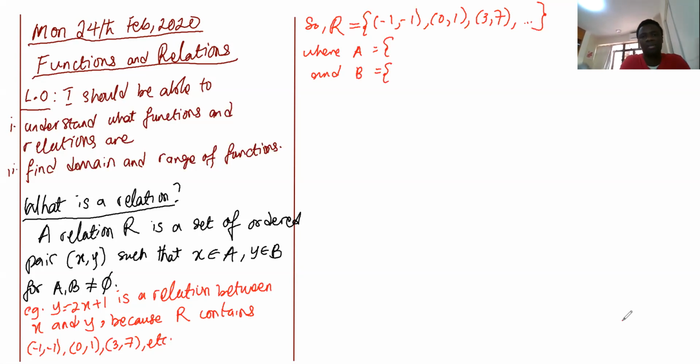Yes, Clarissa. So those are the elements in A. -1, 0, 3 in order. I like to put it in order. So I follow your own answer. -1, 0, 3 continues in this case, and similarly, B will be -1, 1, 7. And I just pick a few points on the line. Questions? I need yes or no.